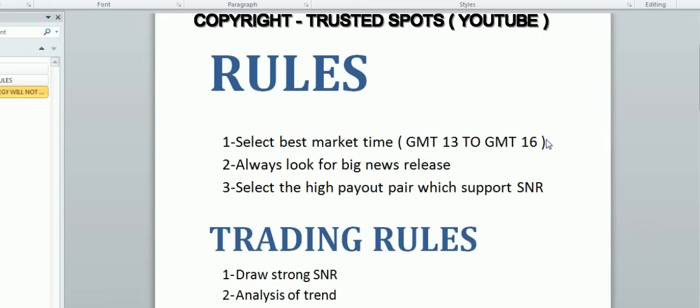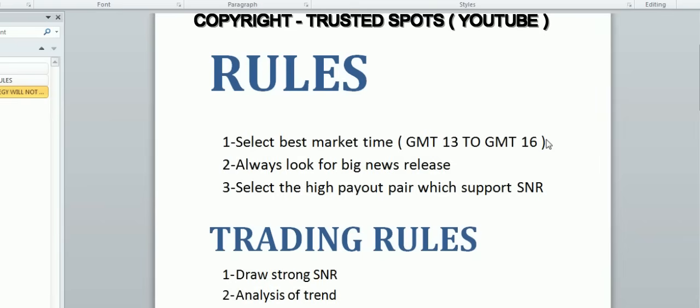Now, as you have selected the best market time, the next thing you need to do is look for big news releases. Suppose you are trading from GMT 13 to 16, then you need to look for news releases in between this time interval. Always avoid those pairs which have big news releases.